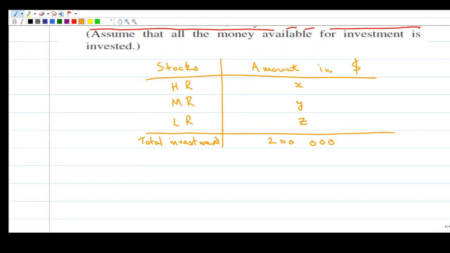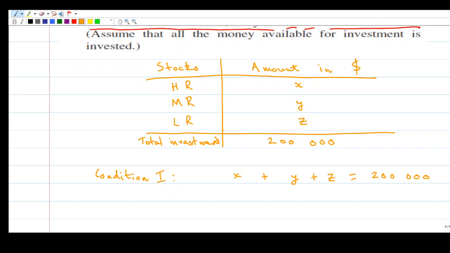Of course, we want all the money to be invested. So condition one: X plus Y plus Z is equal to 200,000.